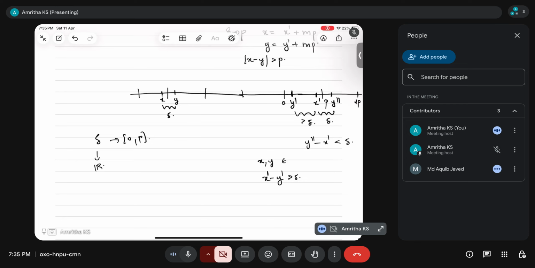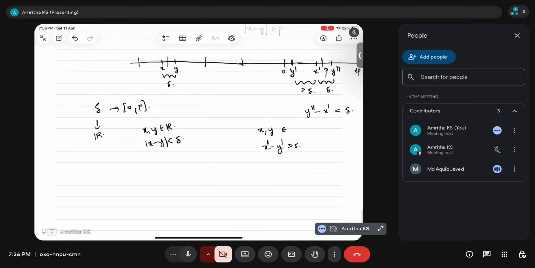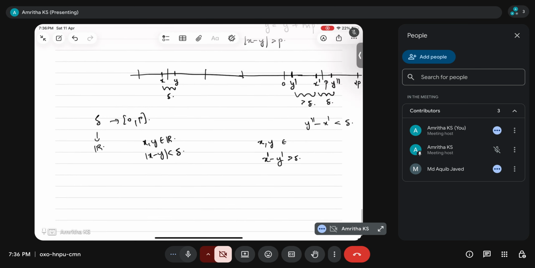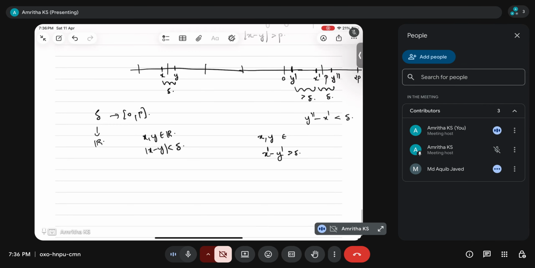So what can go wrong? When you take x and y in r with mod of x minus y less than delta, it may happen that x dash minus y dash is greater than delta. But in that case, you take y double dash to be y dash plus p.